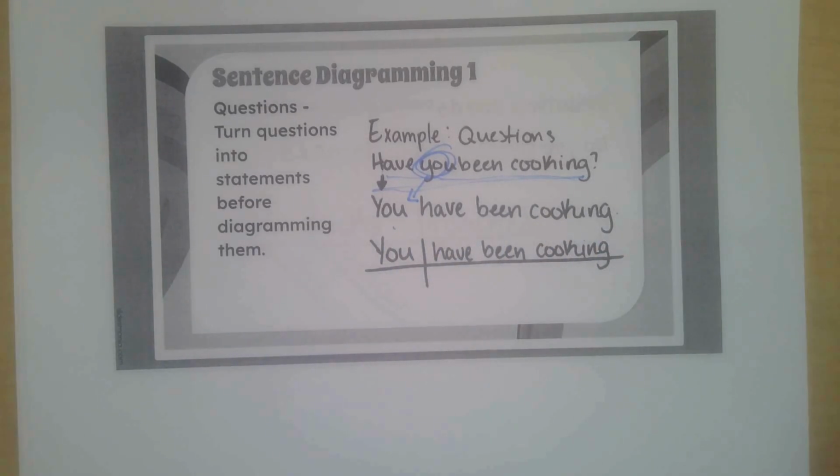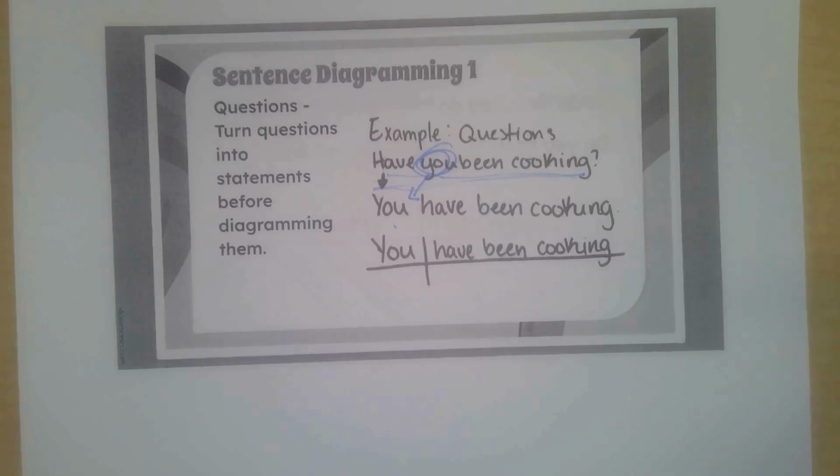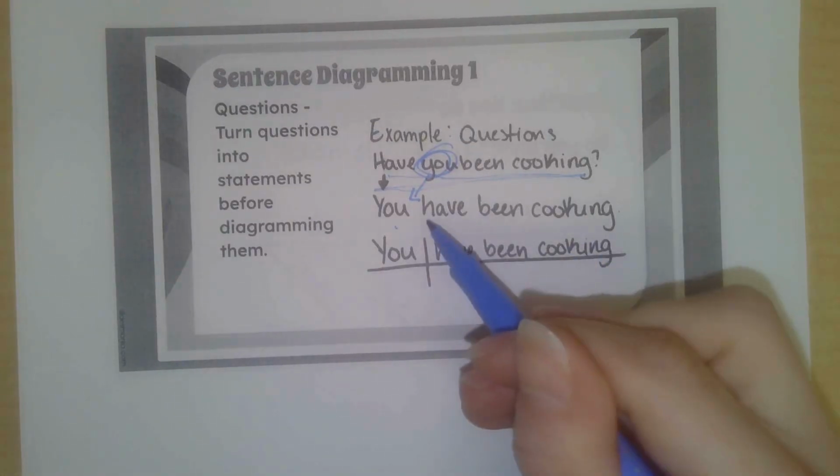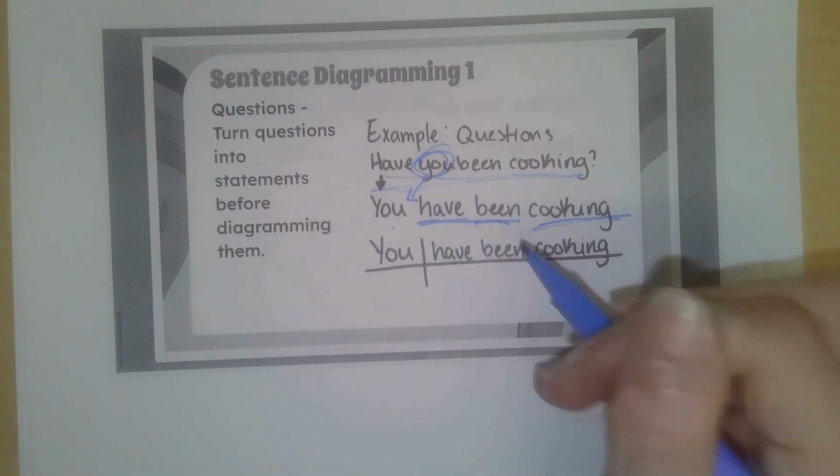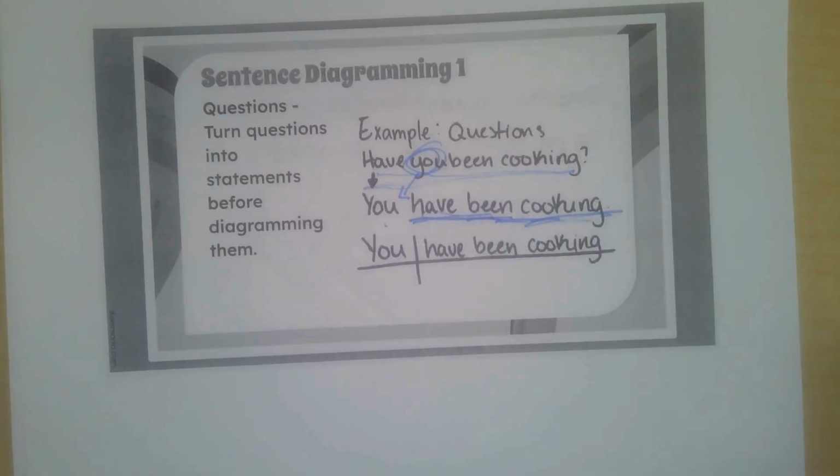It won't always make sense. Like, for example, do you dance would become you do dance. We don't get rid of any words when we turn it into a statement. Never get rid of any words. So then, have been is our helping verb. Cooking is our main verb. These are all making up our verb phrase, and you is our subject.